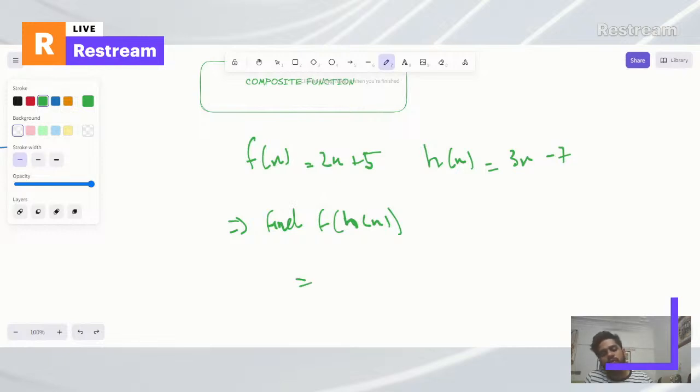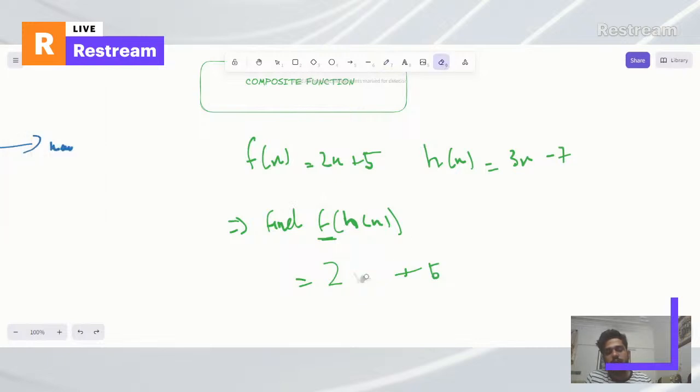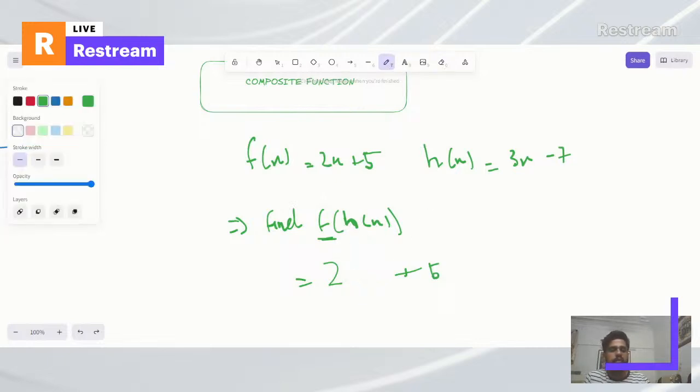First we solve the outer bracket, that's f, so we take the equation of f. In place of x, we're going to write the value of h(x). The value of h(x) is 3x minus 7, so 2 times (3x minus 7).